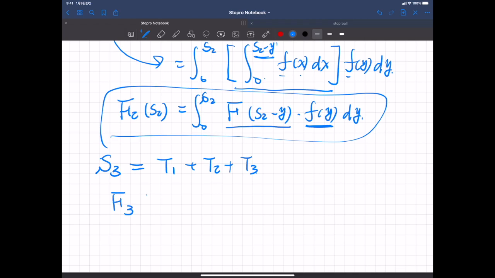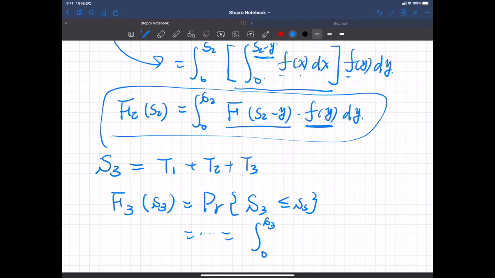So the distribution function of S3 is, by definition, the probability that S3 is less than or equal to lowercase s3, and after some calculation it can be shown that this is the integral from 0 to s3 of F2 of s3 minus y, f of y dy, where this F2 is this F2.